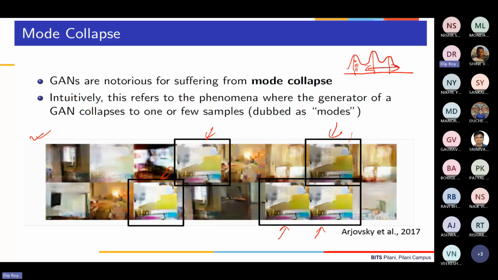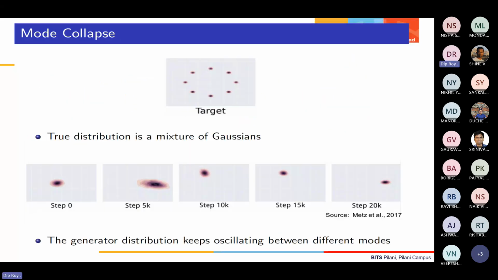All right. So in a nutshell, this is what is happening. The generator distribution keeps oscillating between different modes. It will keep moving around here and then somehow hone in somewhere here.